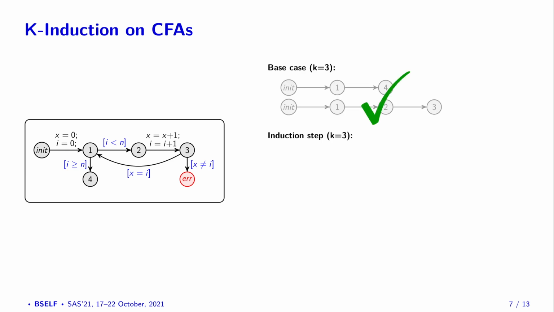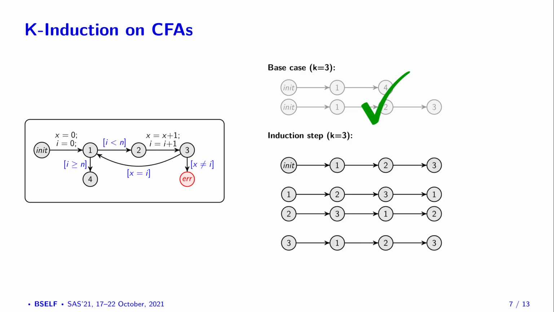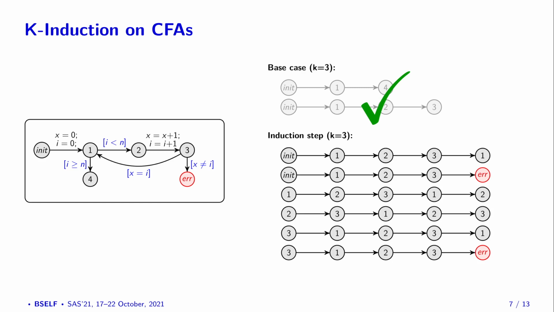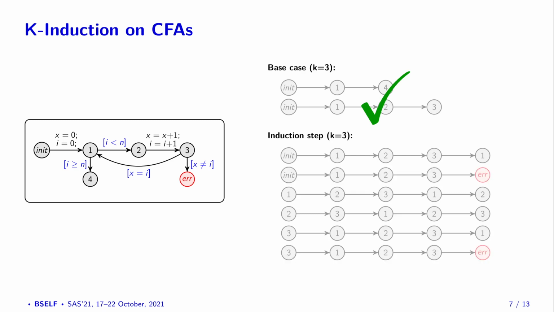In the induction step, we take all the paths of length 3 that are safe and we try to prolong them by one step. The paths that do not end in the error location are trivially safe. And if you remember the slide about backward symbolic execution, we know that the other two paths that are left are infeasible. And therefore, the induction step succeeds.